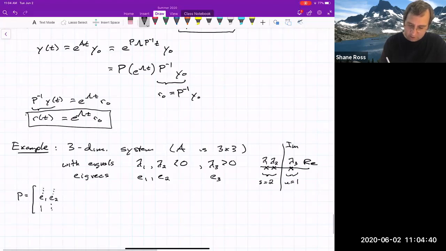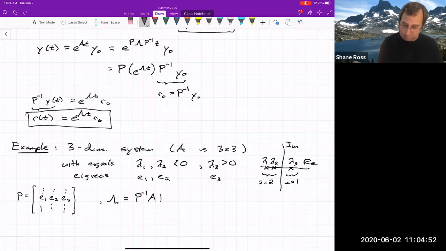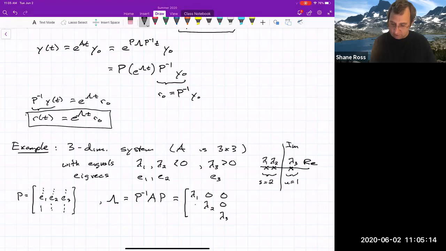These are dots just to show we're writing the E's as column vectors, and then lambda would be P inverse A P, and in Jordan canonical form with all distinct real eigenvalues, what we get is this matrix will be diagonal. So this will be lambda 1, lambda 2, lambda 3, with all other entries 0.